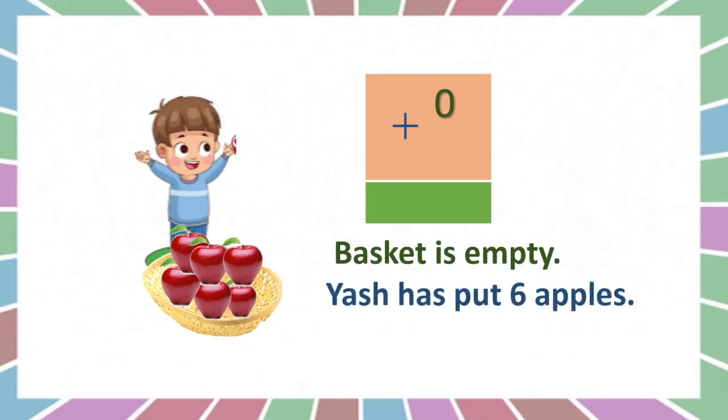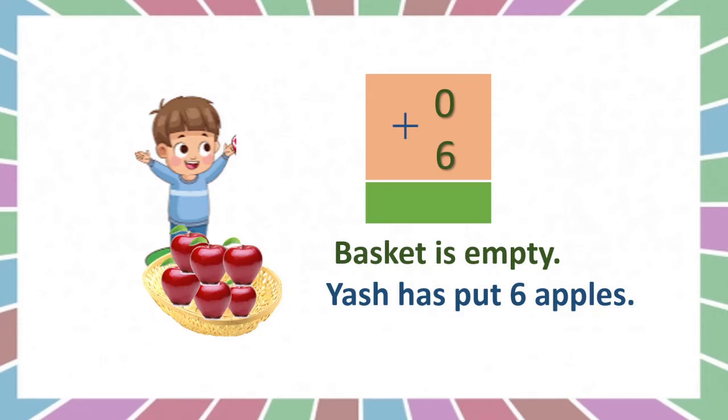Okay, so now the basket has 6 apples. Earlier there was no apple. Now he kept 6 apples in the basket. So 0 plus 6 is equal to how much? Yes.